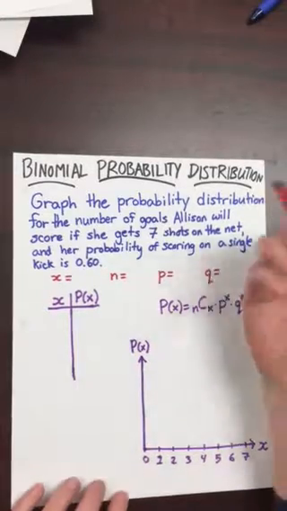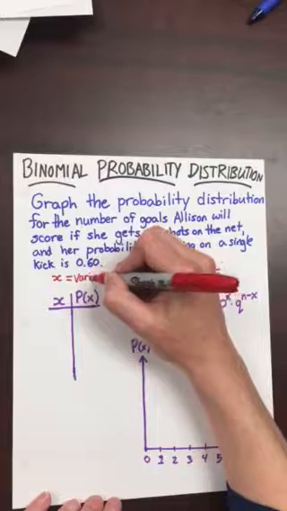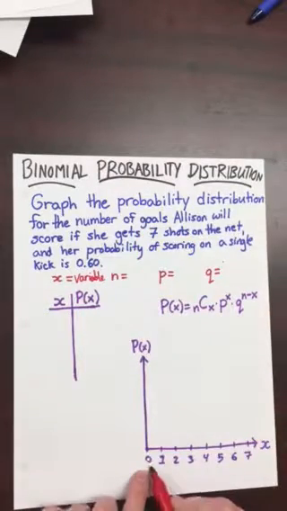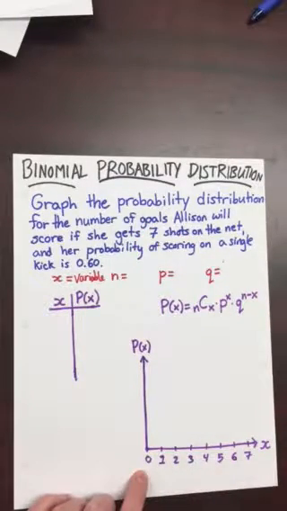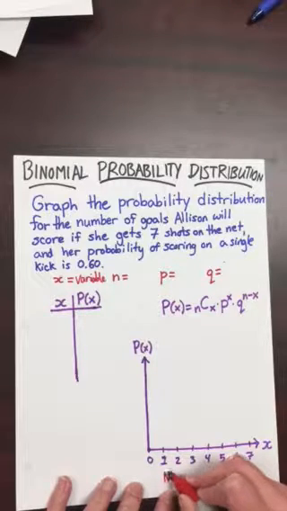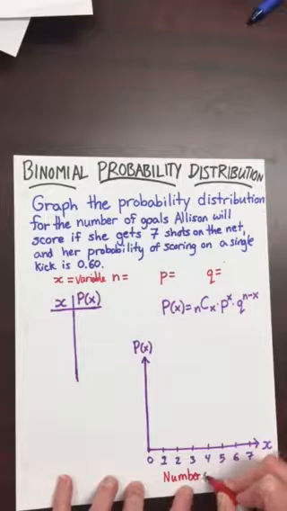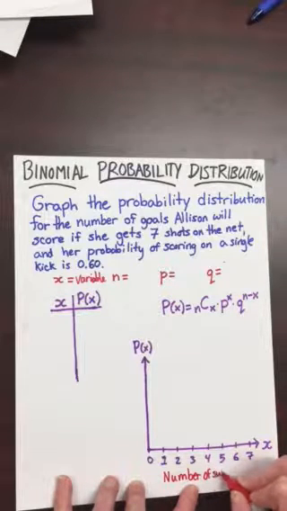Okay, so x is actually variable here. So x could be 0, 1, 2, 3, 4, 5, 6, or 7. So that's actually the thing that we're going to be investigating here. X is the number of scoring goals she gets, so the number of successful goals.